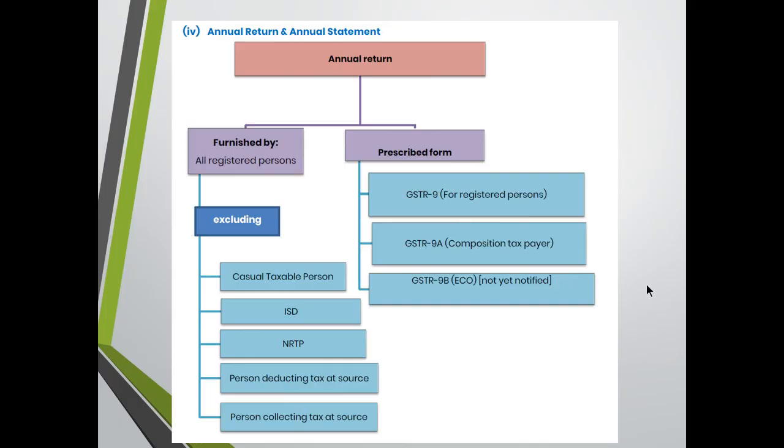Okay, everybody, can you type: annual return is for normal persons, GSTR 9, before 31st of December, for turnover not exceeding, it's not 2.5 crore, it's 2 crore rupees. Somebody has typed 2.5 crore. The turnover limit is 2 crore. Less than 2 crore also, you can file. It's not mandatory.